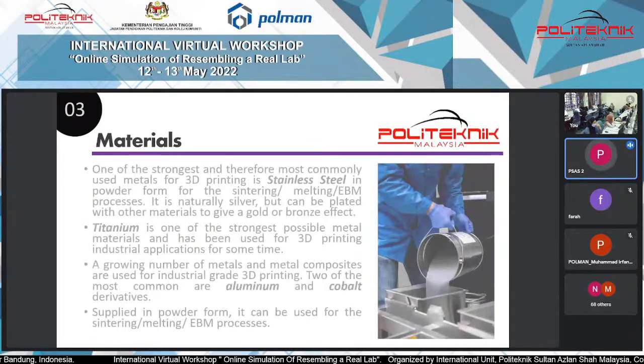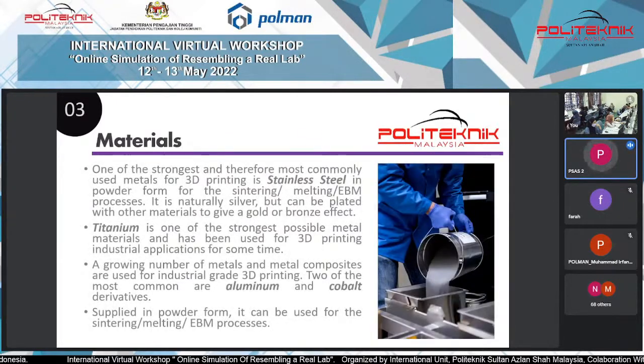And then we have metal material. The raw material comes as stainless steel in powder form for the sintering and melting EBM process. The color of the material usually comes in silver, gold plated and bronze.